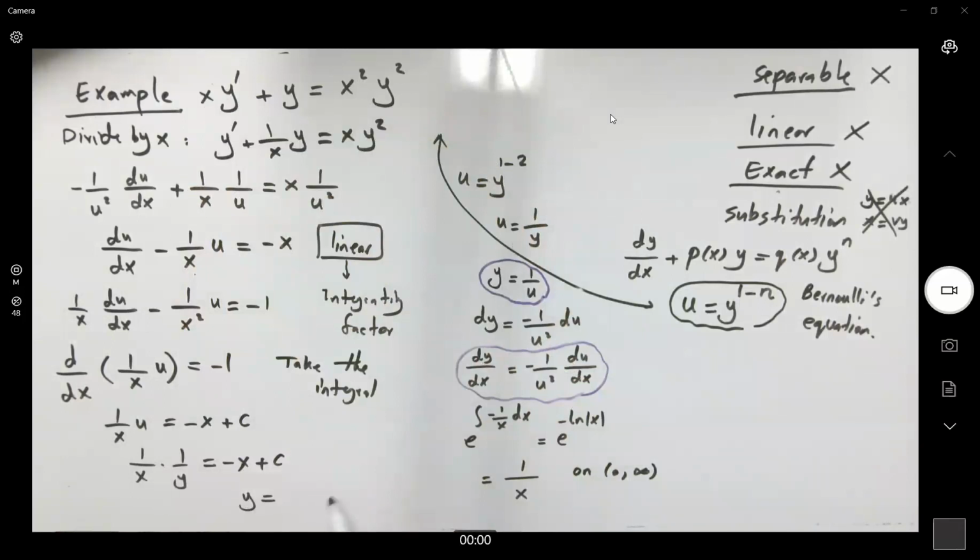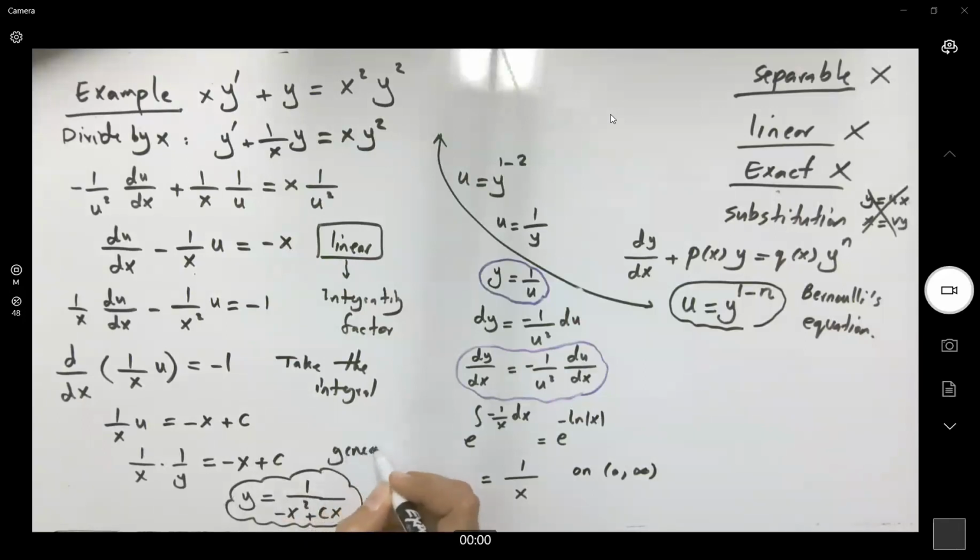We get, for example, negative 1 divided by x squared minus cx. You can multiply the numerator and the denominator by a negative sign, and you can rename this to k or any other variable that you like, and eventually you get 1 divided by negative x squared plus cx. This is the general solution for this differential equation.